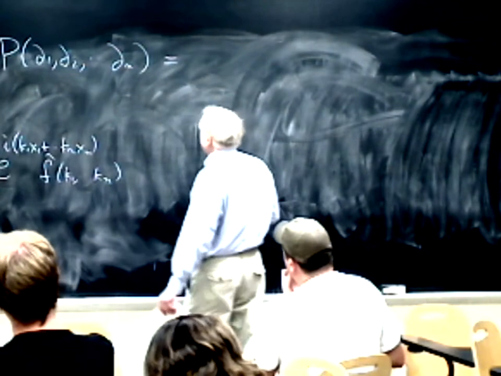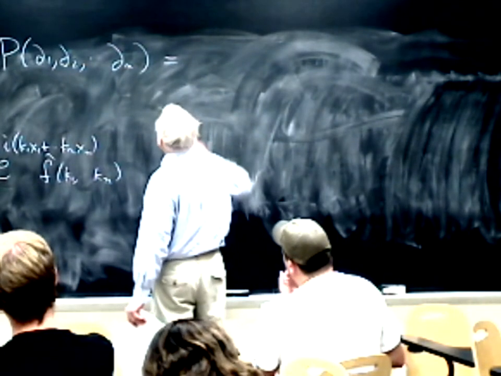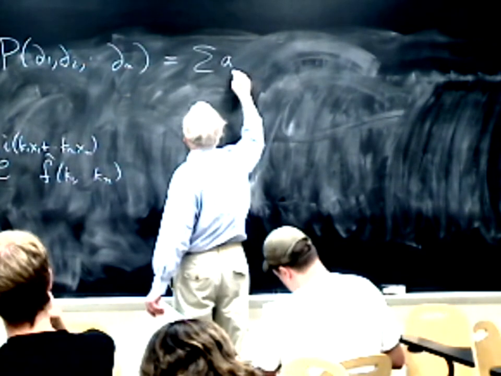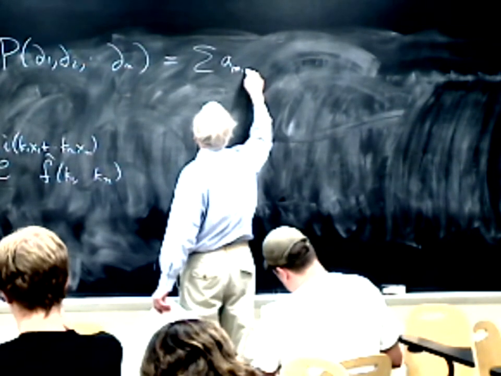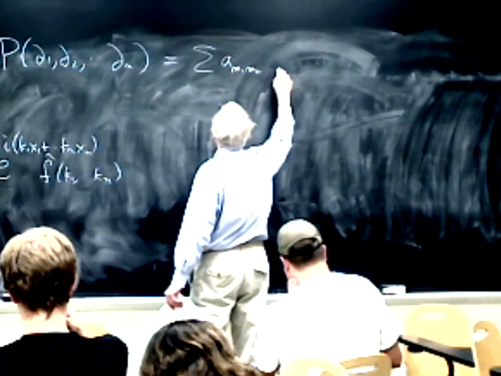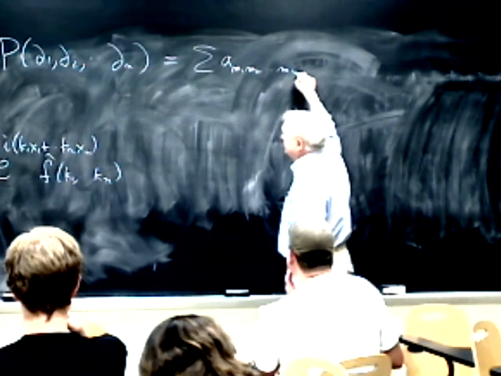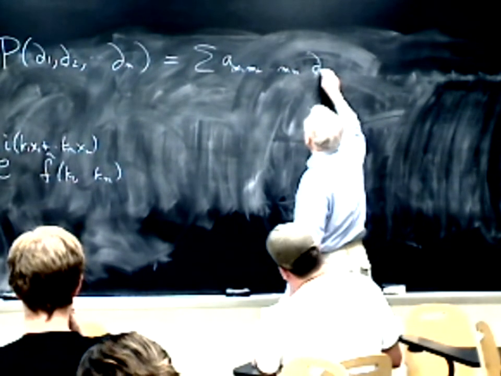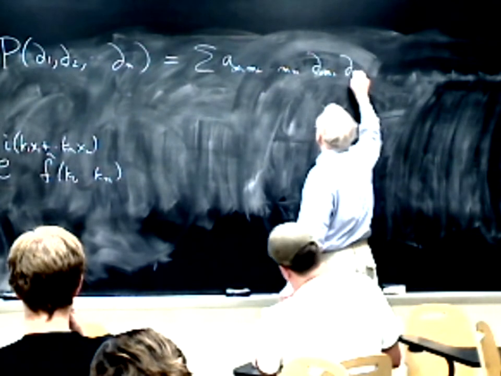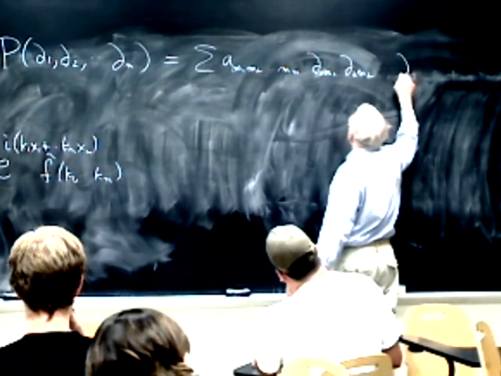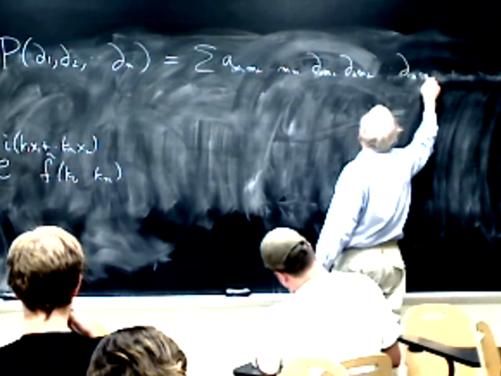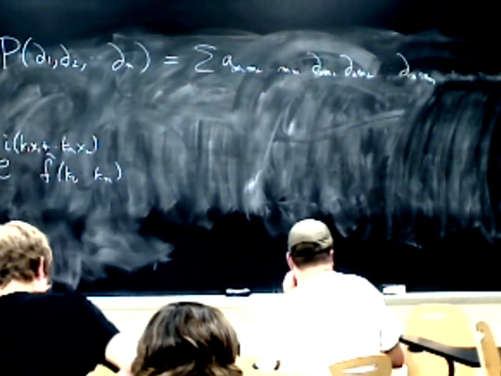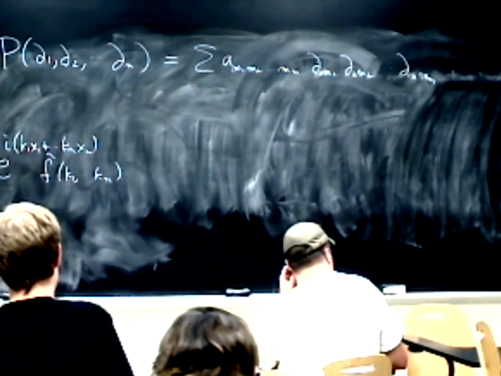So this thing can be a sum over m1, m2, through mn of a times partial 1 to the m1, partial 2 to the m2, through partial n to the mn. Okay, where the a's are constant. So I was thinking of it as a polynomial, but it could be an infinite series.